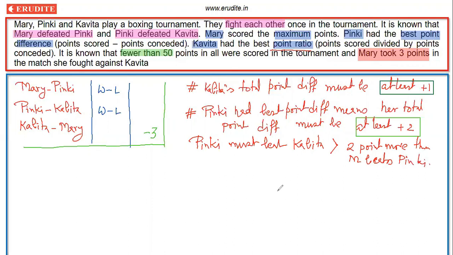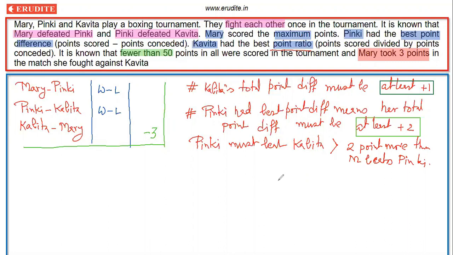So Pinky must beat Kavita by at least 3 points, as she lost the game with Mary, which is minimum 1. Then Kavita must beat Mary by at least 4 points.